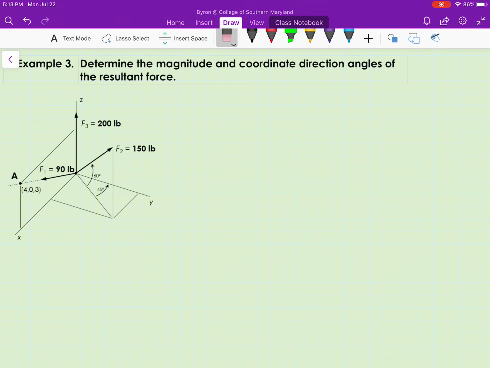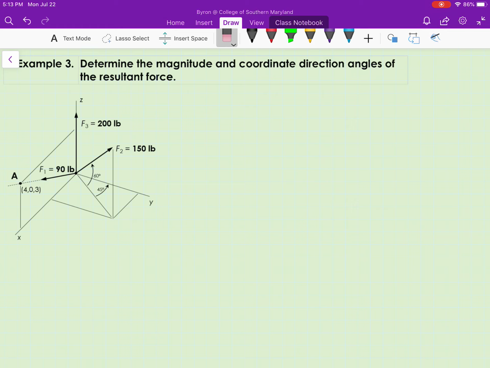In this problem, we're given three forces as shown in the diagram and asked to determine the magnitude and coordinate direction angles of the resultant force. So we will solve this problem in three steps. The first step being to express each force in Cartesian form.